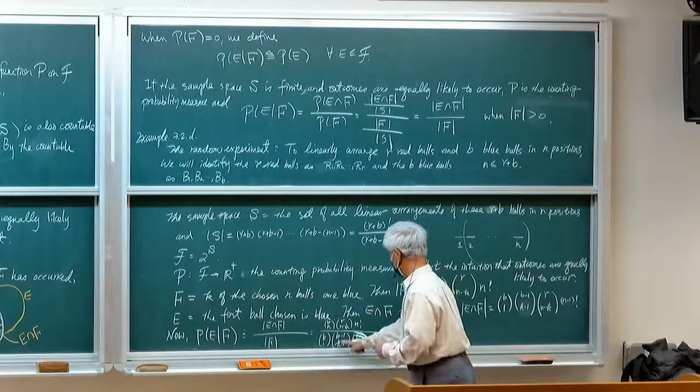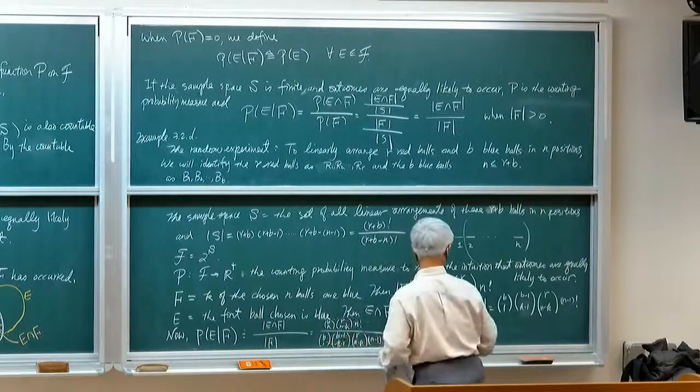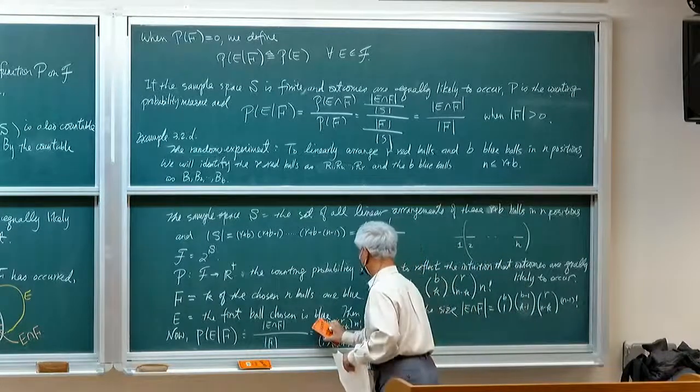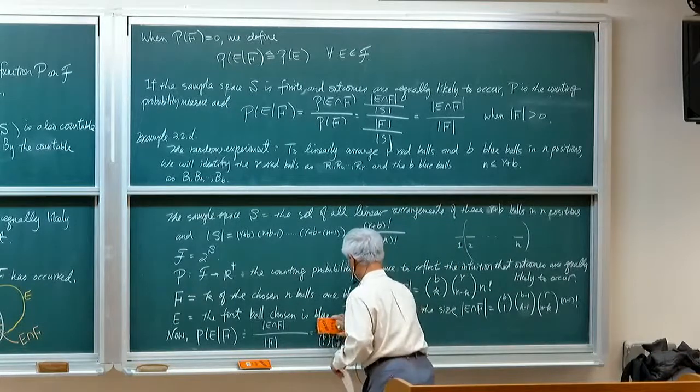Then denominator B1. Oh, yeah, sorry. Okay. Thank you. I have it upside down. Okay. Thank you so much.